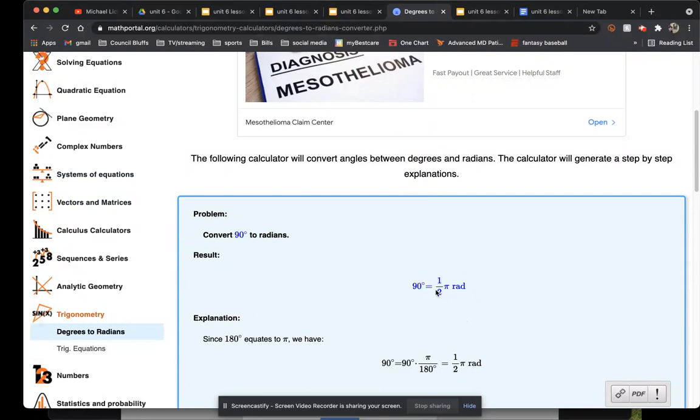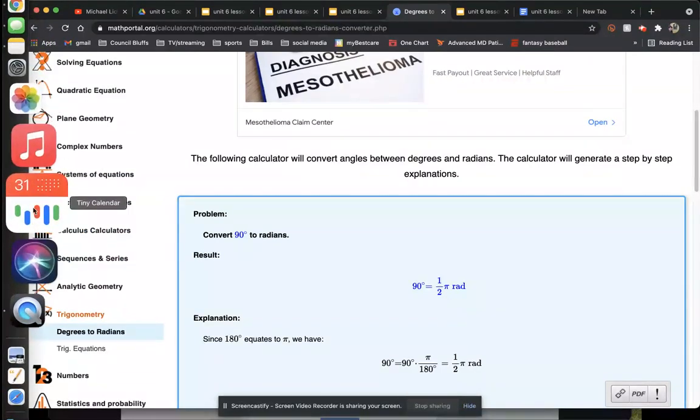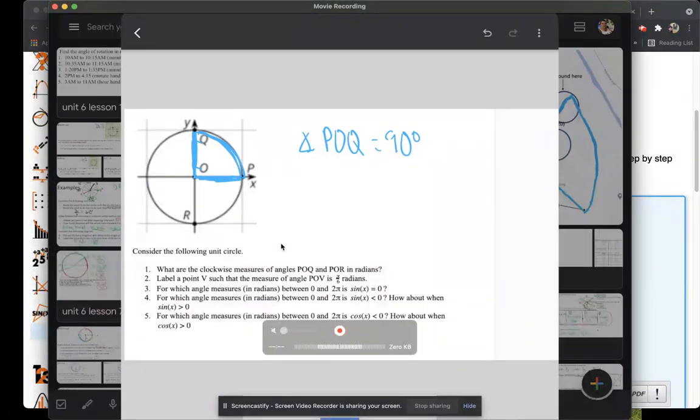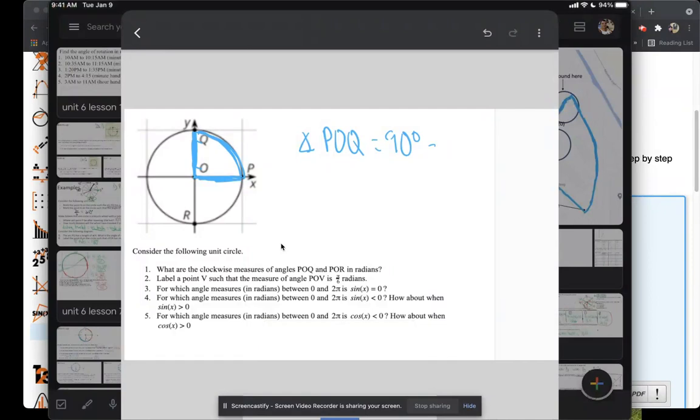So 1/2 pi is the same as pi over 2, so that's how I'm going to write it. So angle POQ is 90 degrees, which is pi over 2 radians. Okay.